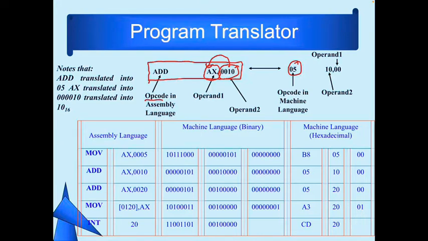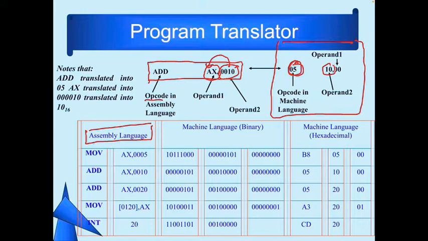We just do add AX 0010 as our assembly language. Then in machine, they will change into 05 and 1000 in machine language.